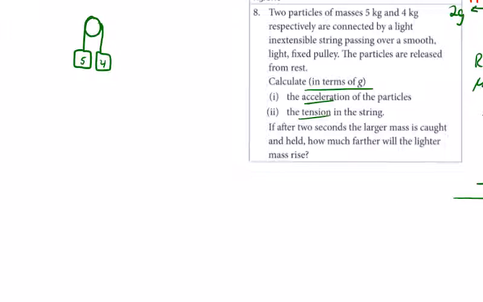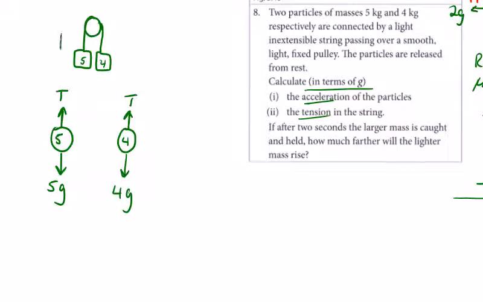Okay, let's have a look here. What's going on with this 5? We have mg, 5g, and tension in the string, and for the 4, we have 4g and tension in the string. So we need to decide which way it is going. Obviously, the 5 is going to go down, so 5 down means 4 up.